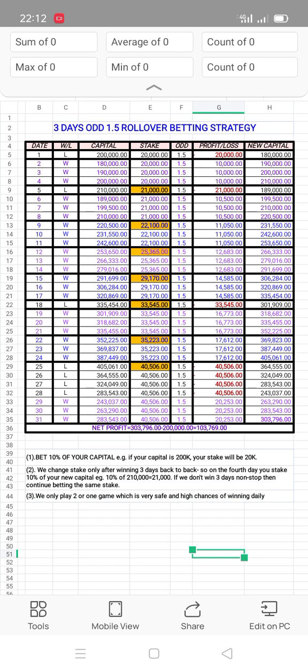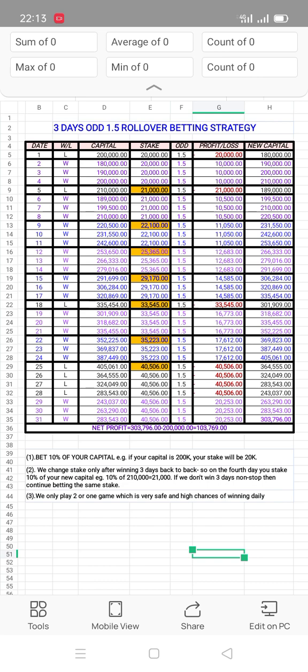So to start, you need to follow a few rules. One, you should always stake 10% of your capital. Number two, you must win 3 days in a row in order to change to another stake. If you don't win 3 days in a row, then you should not change.